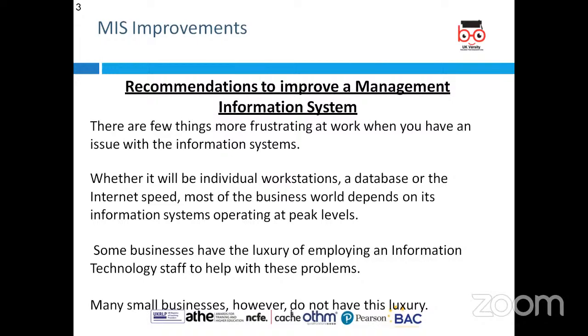So whether it is an individual workstation, database, or internet speed, most of the business world depends on information system operation at its peak level.